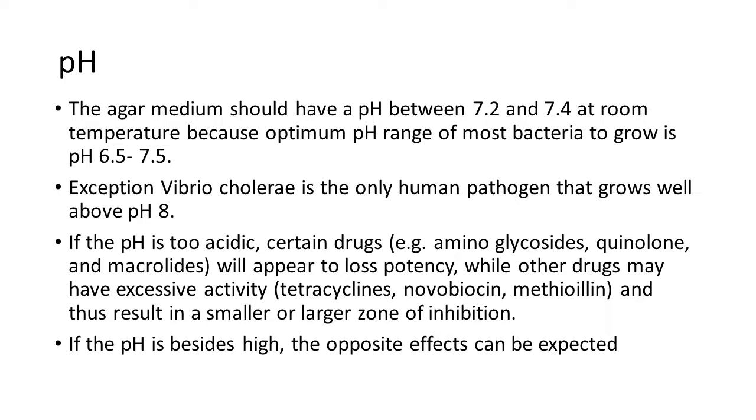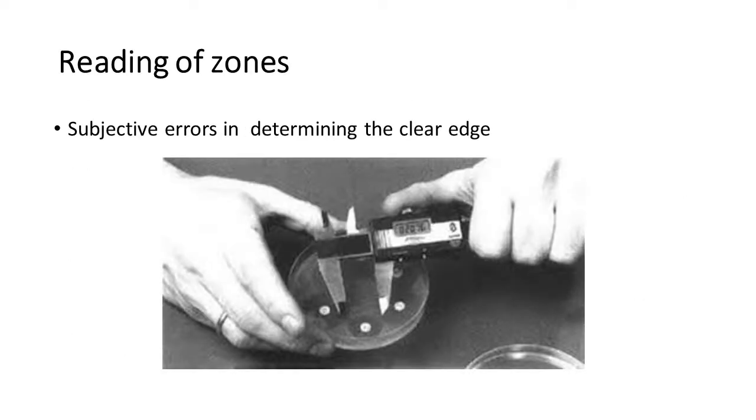Sometimes we expect the actual size, but the zone of inhibition is reduced. If the pH is higher, sometimes we can expect a very large zone of inhibition. Then the reading of the zone: from person to person, the zone of inhibition sometimes varies, so it also affects the zone size.